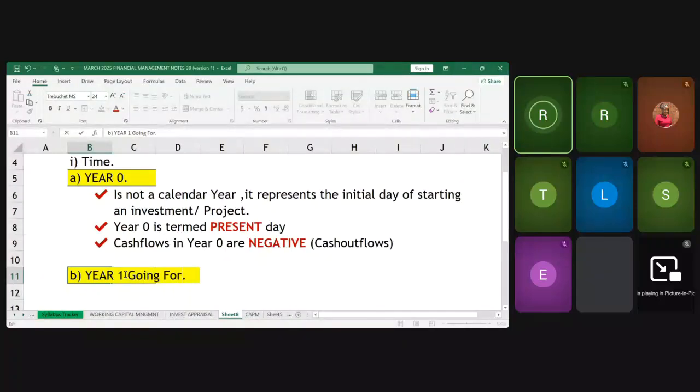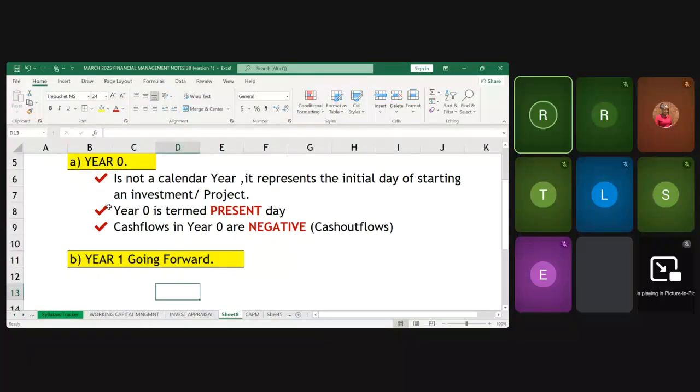So from year one, year two, year three, we call it what? First of all, let us understand how do we count a year. A year is after 12 months. That is key and critical. We can only say this is 1 year after 12 months.